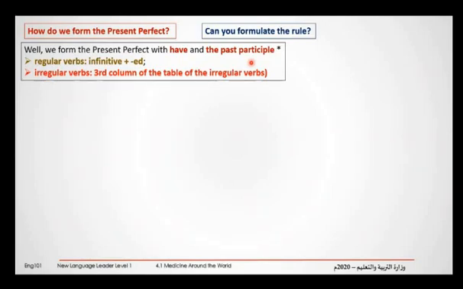The past participle of the verb for regular verbs is the infinitive plus ed. However, for the irregular verbs, it is in the third column of the table of the irregular verbs.